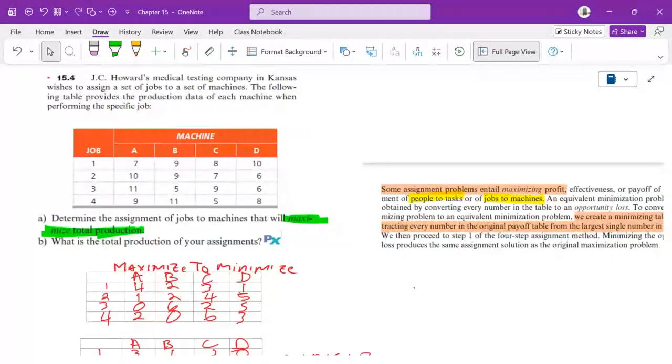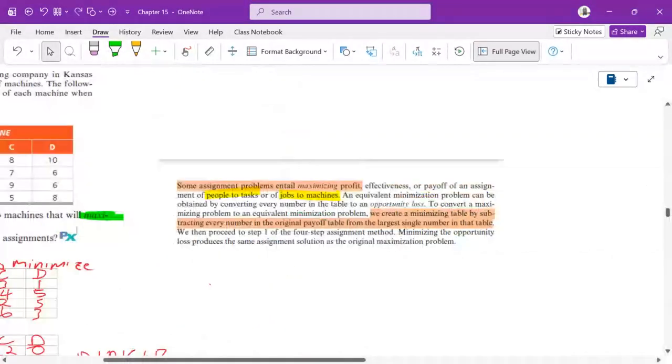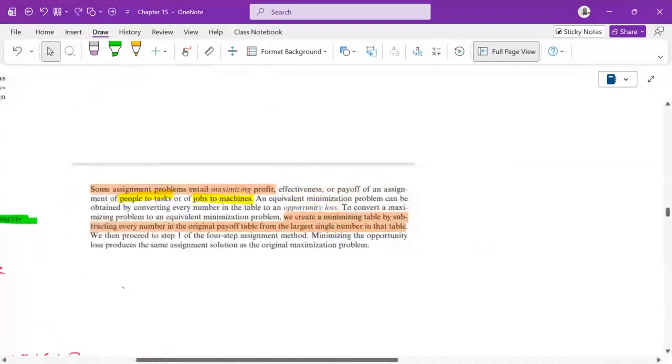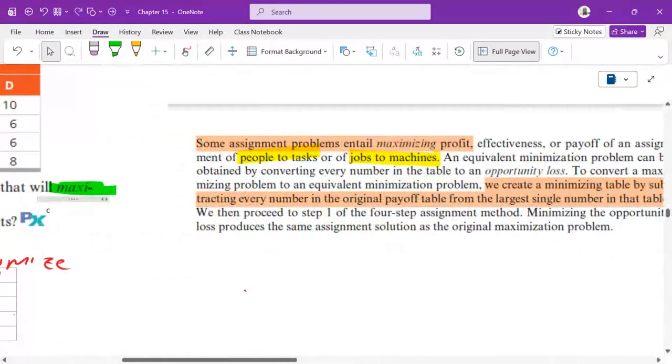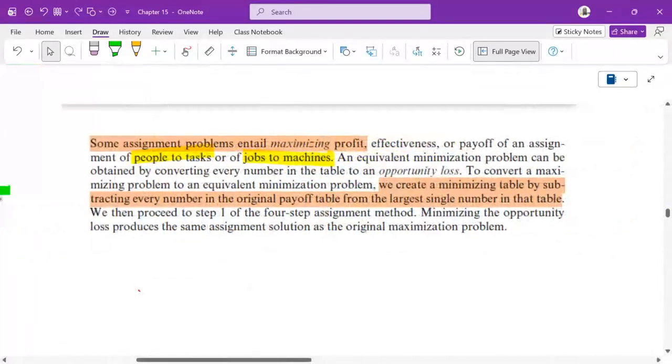So now the rules first. Let's go to the rules. Some assignment problems entail maximizing profit, effectiveness, and payoff of an assignment of people to tasks or jobs to machines. An equivalent minimization problem can be obtained by converting every number in the table to an opportunity loss.